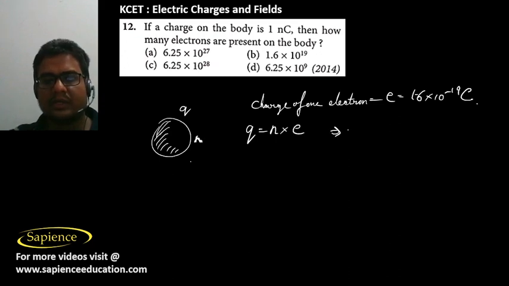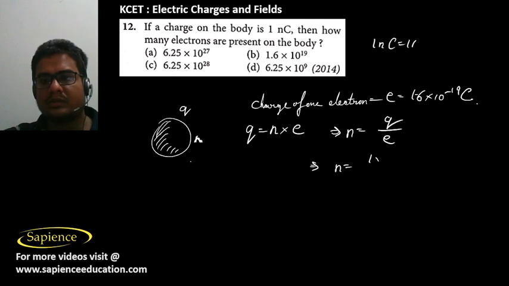N will be equal to Q divided by the charge of every electron. Nanocoulomb is 10 power minus 9.